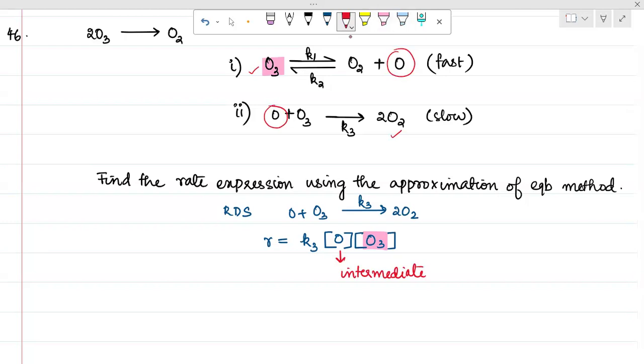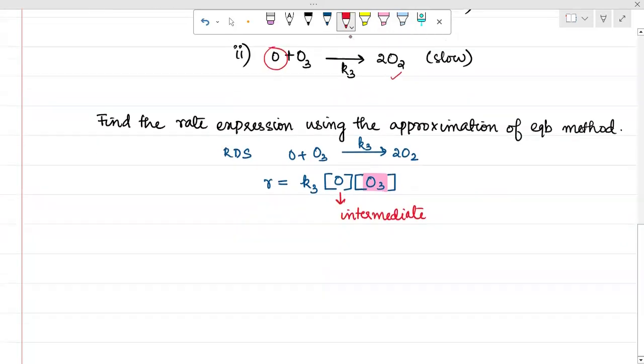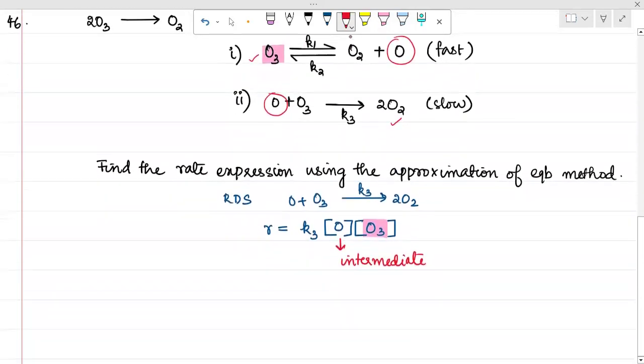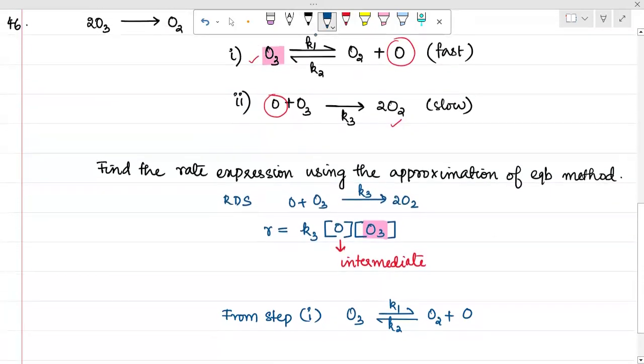Now that is very easy. Which is the equilibrium step over here? The first one. Correct? So from step 1, we will write the expression for the equilibrium coefficient. What is step 1? O3 becoming O2 plus O as it is an equilibrium.